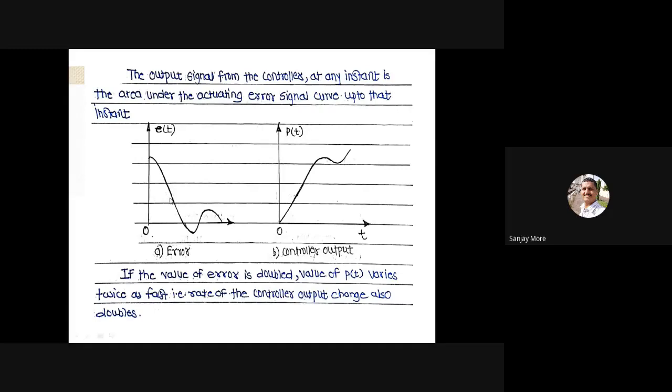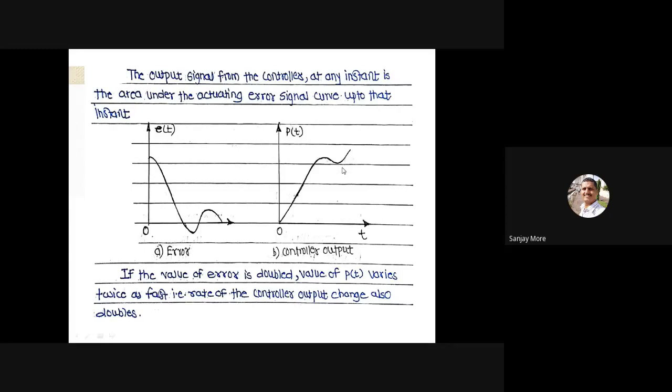So in the first graph, error E of t is at the higher level, and the actuating error signal curve goes directly downward to the zero line. Okay, and then the controller output starts from E of t equal to 0, then the output rises to a higher point; this graph will be a straight line.